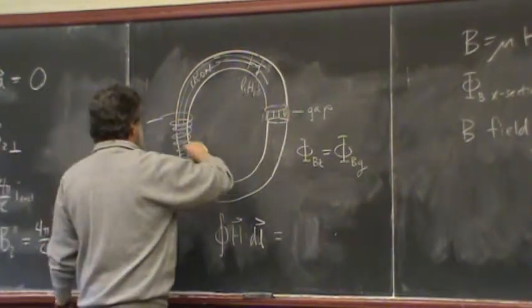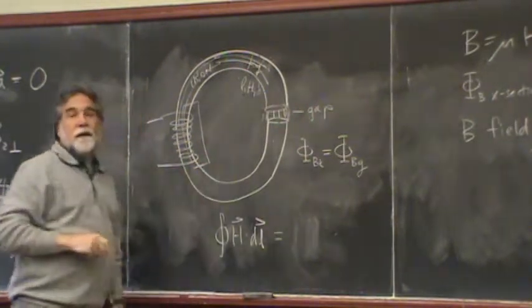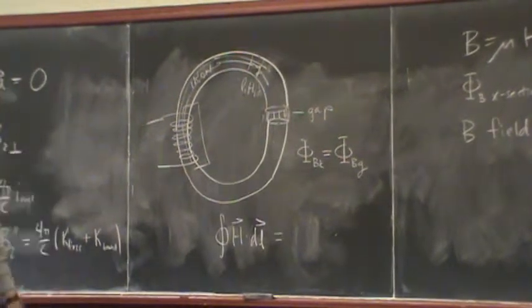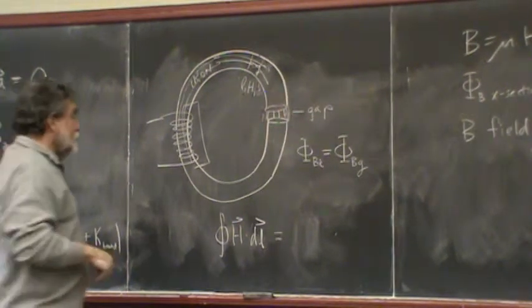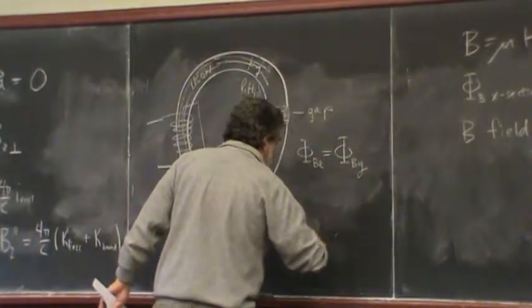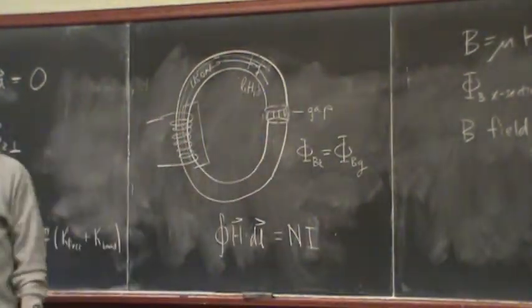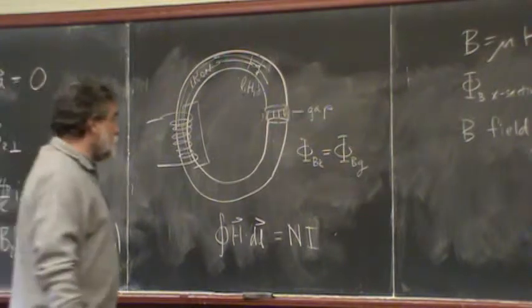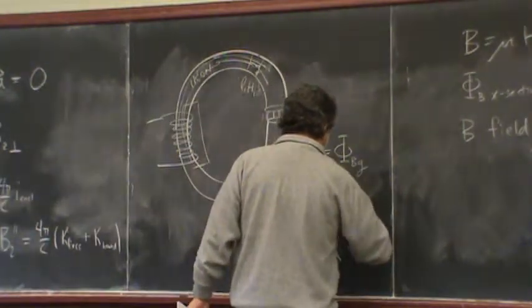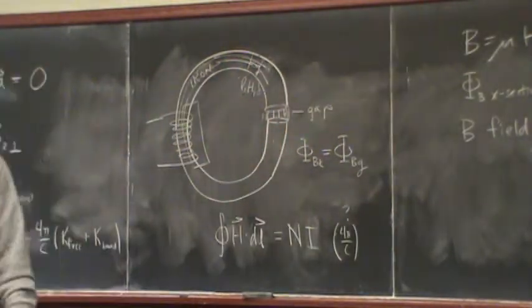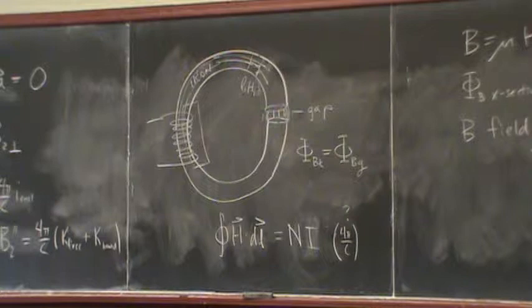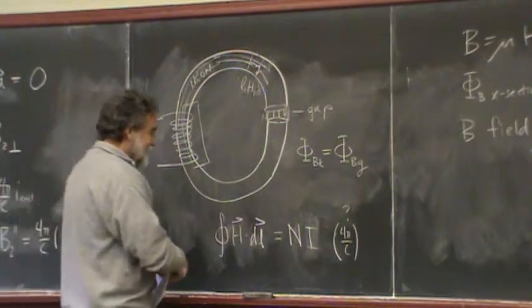So I could do Ampere's law for that little bit there that encloses all of the current, right? And so that's just equal to the number of turns times the current in the loop times perhaps 4 pi over c. That's all the free current. But this is the idea.